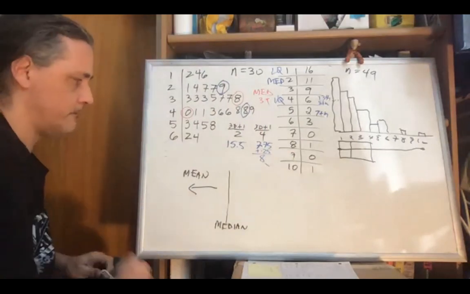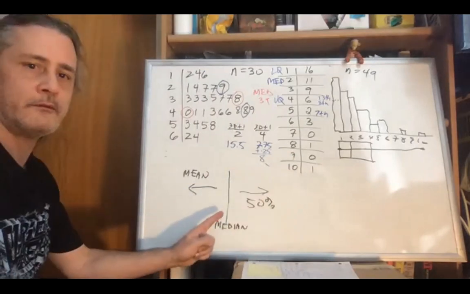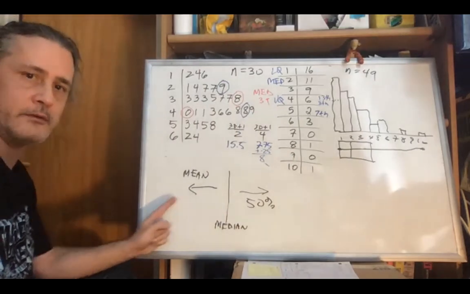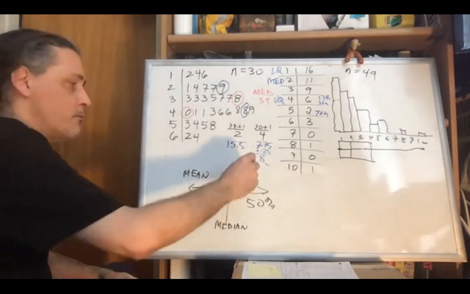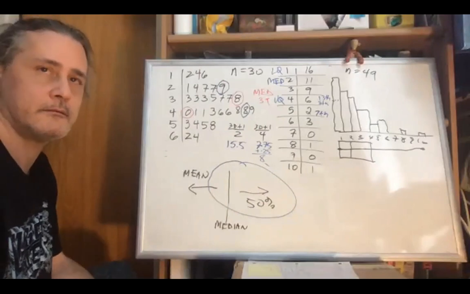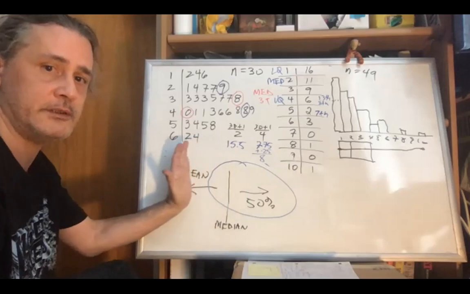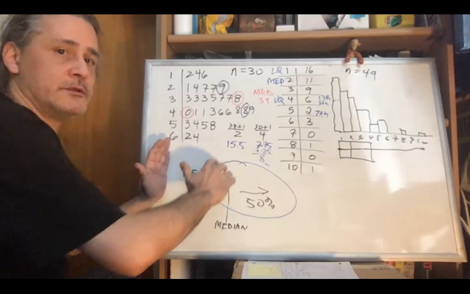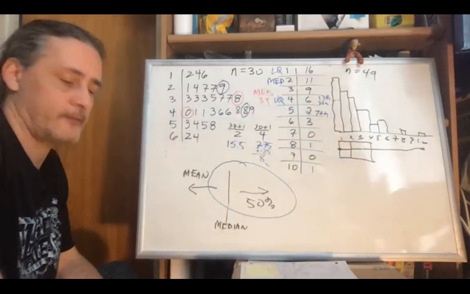Well, again, there's more than 50% of the data above the median. But if the mean shifts to the left, that means there's more than 50% above the mean. So skew left means the mean is shifting to the left, which means you have more values to the right of the mean. And that can be confusing.